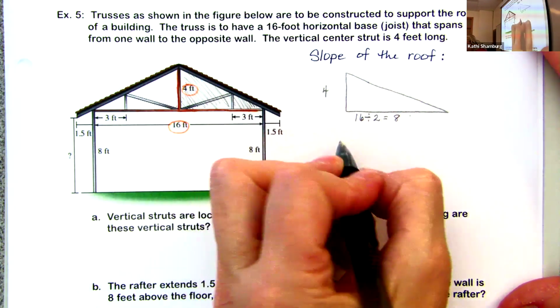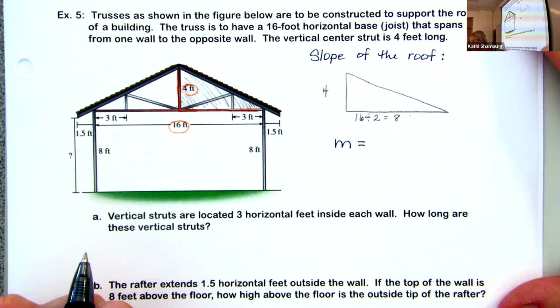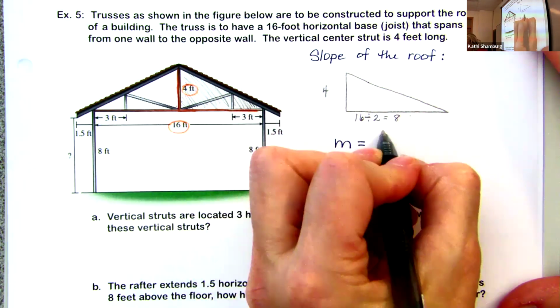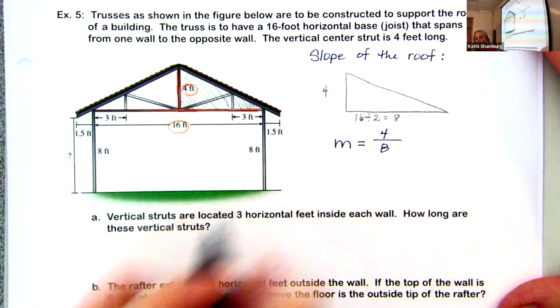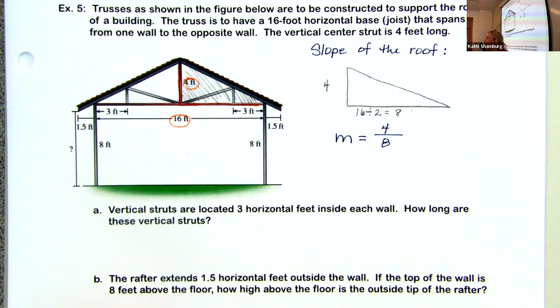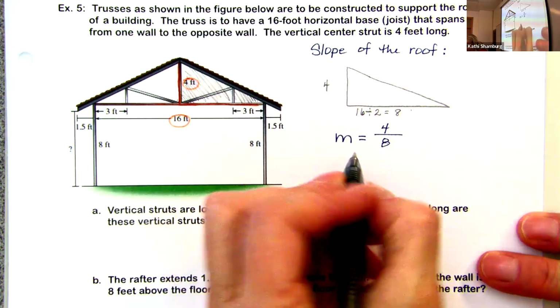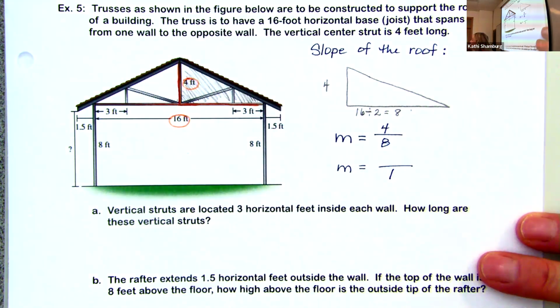So that allows me to find my slope, which is rise over run. Which number is my rise? 4. And my run? 8. Now, we know this to be 1/2, but I don't even want it as 1/2. I need to write this to where we have 1 in the denominator.